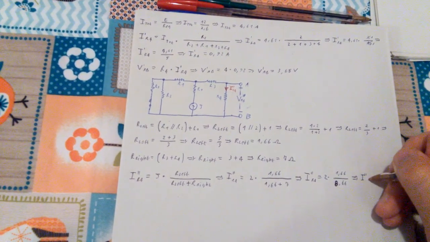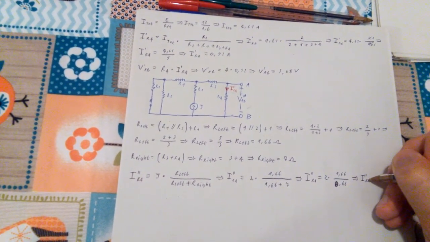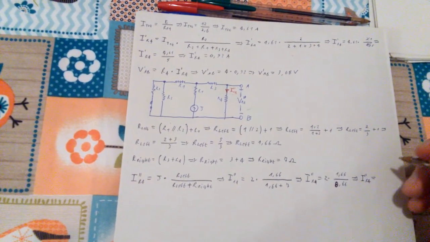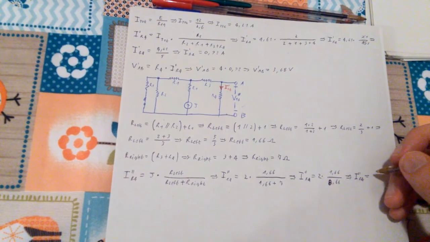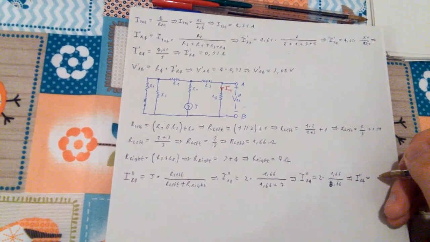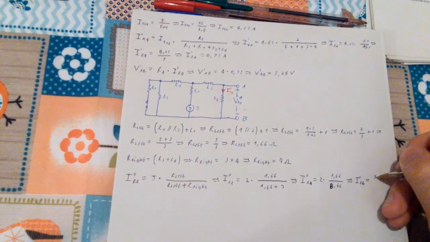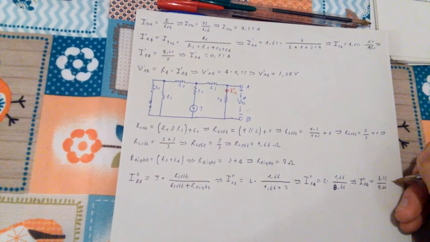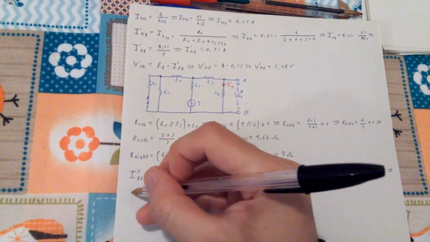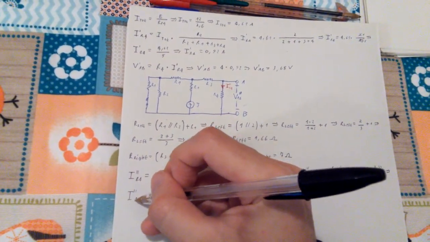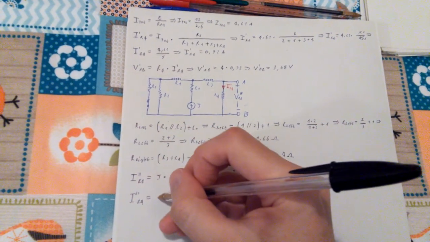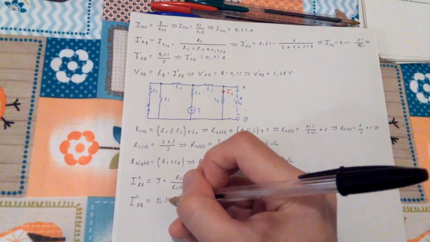So 2 times 1.66 is 3.32 over 8.66. If we divide them, I get I second R4 equal to roughly 0.38 amps.